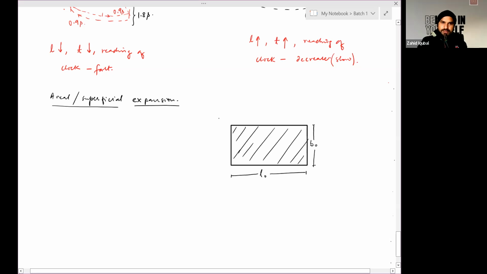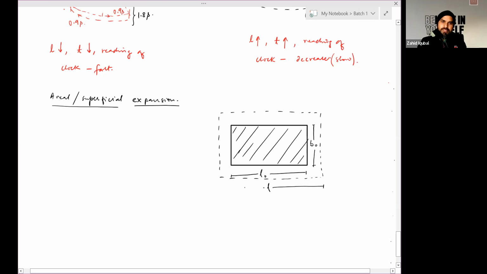On increasing temperature, it will tend to increase along its area like this to reach this point.